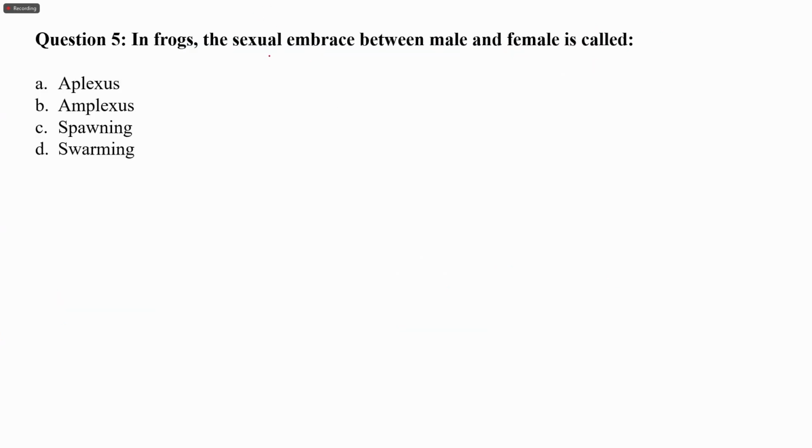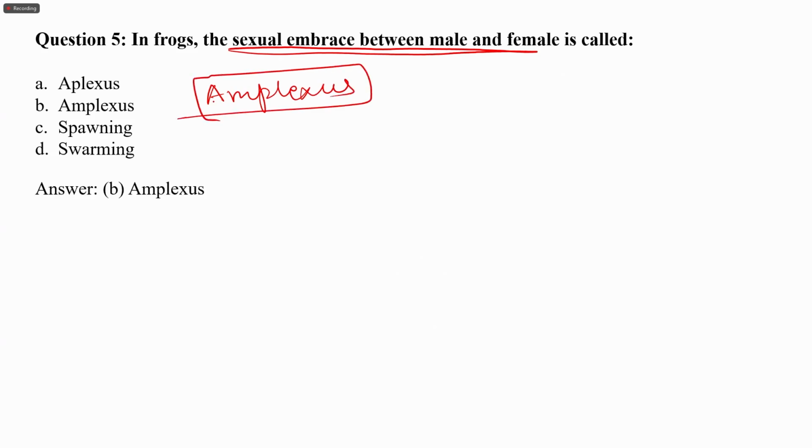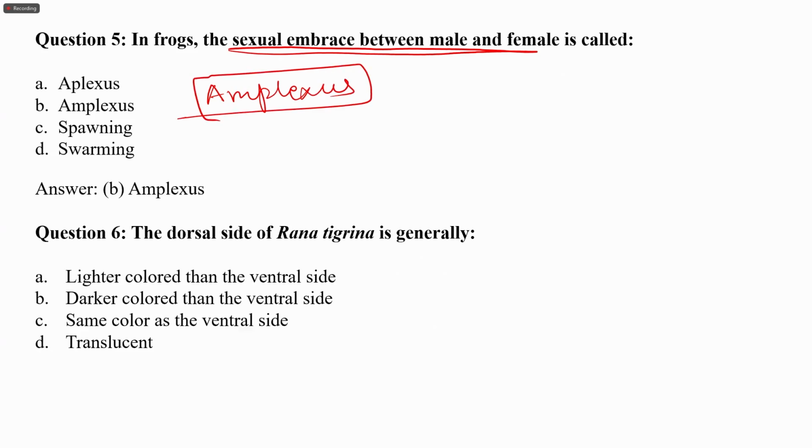In frogs, the sexual embrace between male and female is called, we know, amplexus. It is the sexual embrace between the male and female. The answer is amplexus.